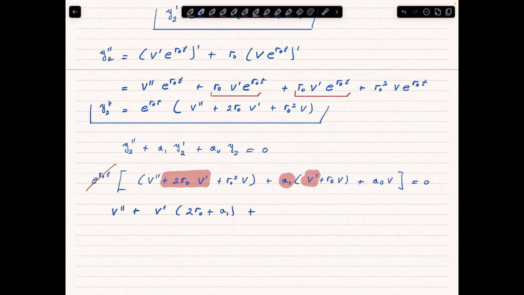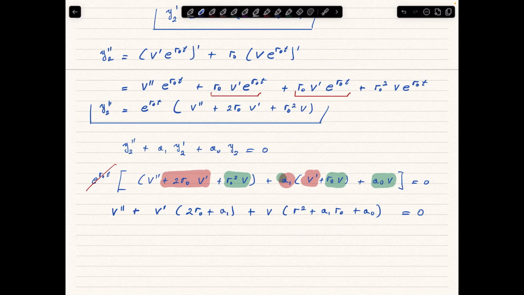And then we have the terms that have v, which is that term multiplied by a1 and this term. So v can be pulled as common factor, and it's going to be v multiplied by r0 squared plus a1 r0 plus a0, and all that equals 0. So this is the equation for v.